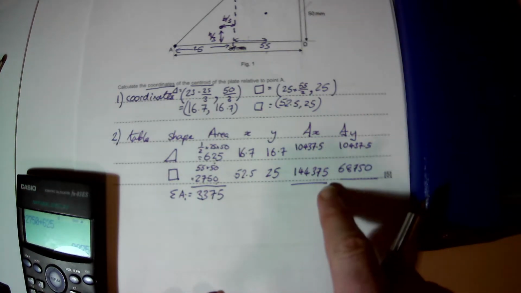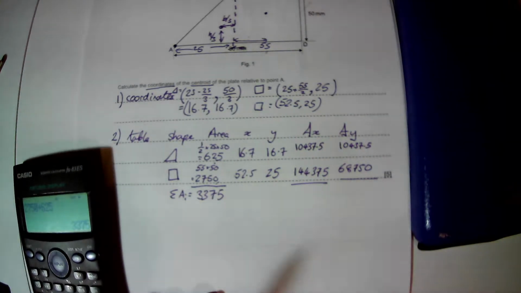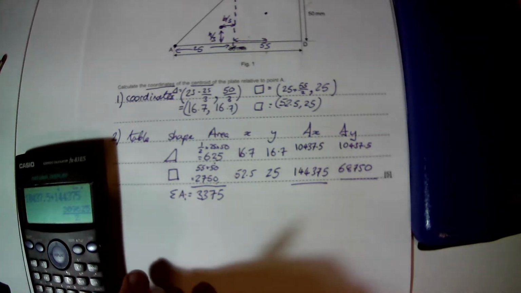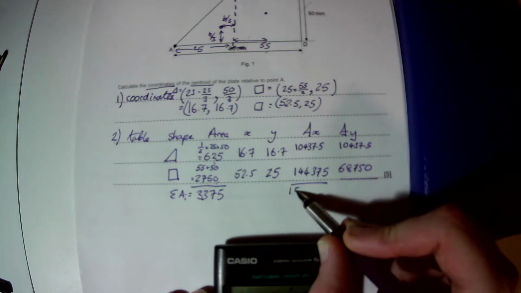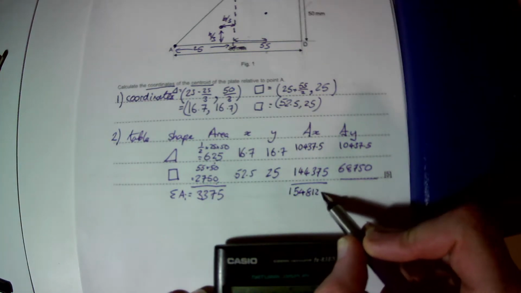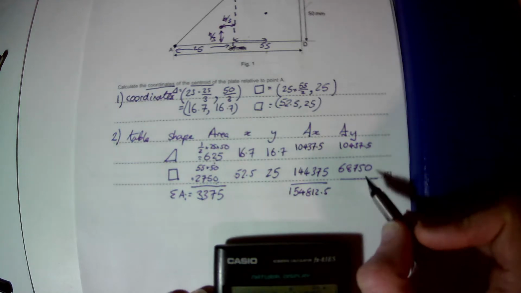Our total of the area times the x's comes out as 154812.5, and we do the same for the y.